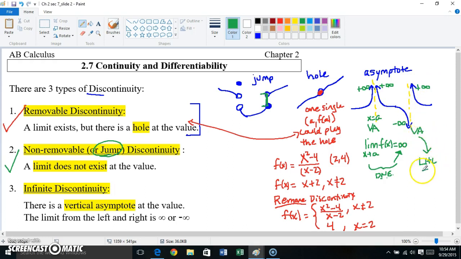Left-hand limit does not equal right-hand limit. Ask me a question about this later if you are confused about it. A limit is a finite value. We will say this limit is infinity, but I can't say that that's a finite value. So it's representing the behavior of the graph.